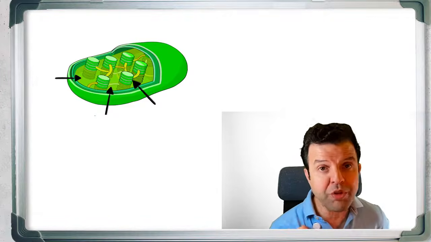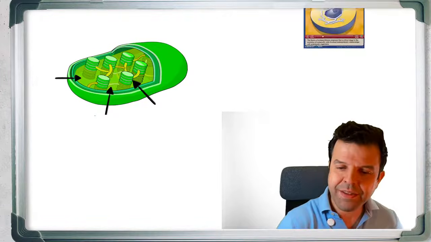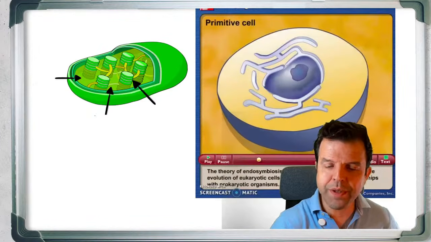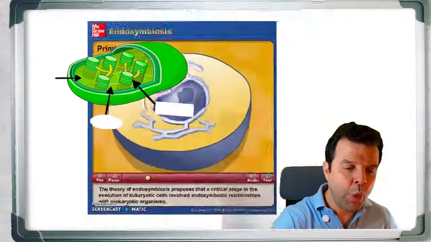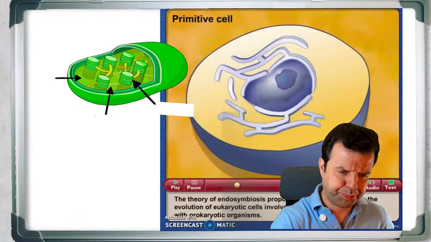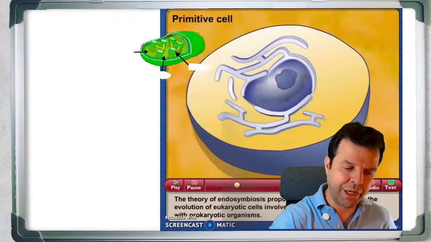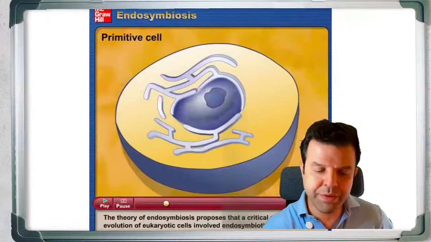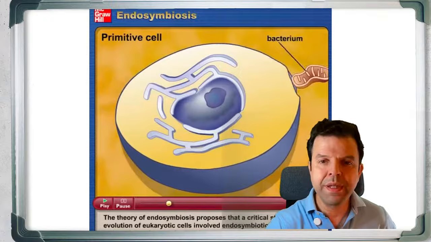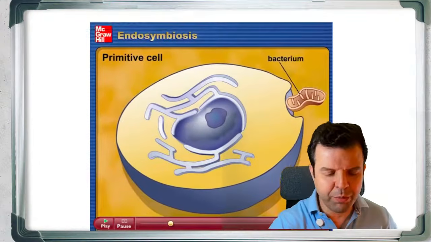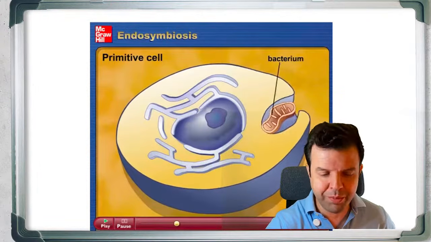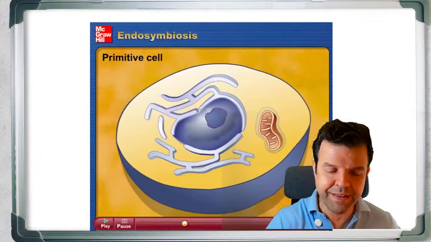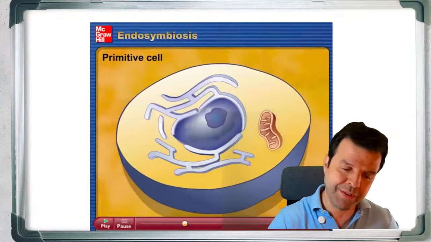We so much believe that chloroplasts and mitochondria at some point in the history of life were actually bacteria, prokaryotes, meaning this is like a primitive cell. It engulfed at some time in the past a bacterium. That bacterium found benefit staying inside the cell because the cell protects it.